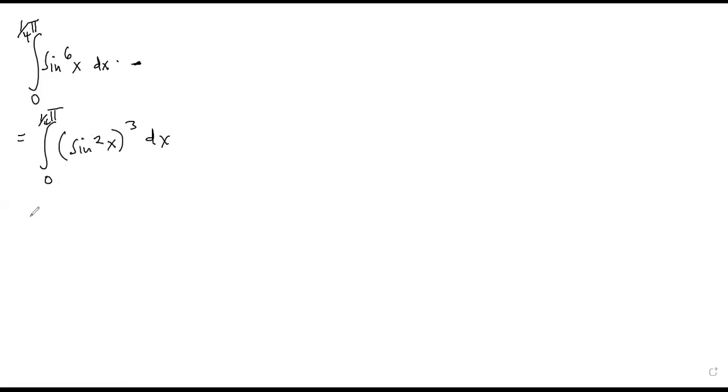But this is going to be equal to, since everything we keep in terms of x, let me work without the limits. I'll bring the limits at the end.